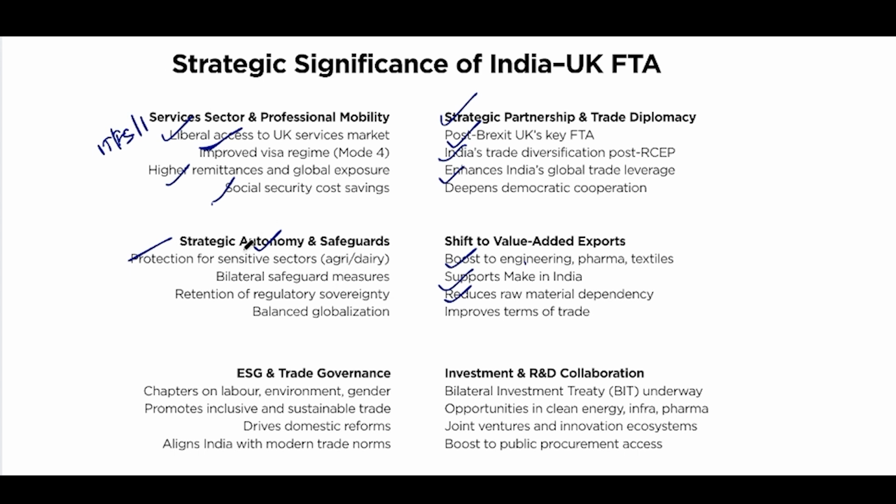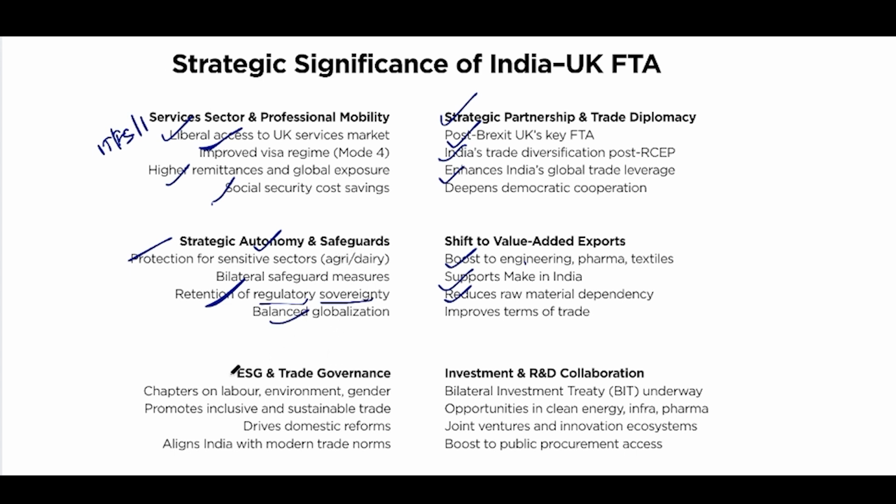So, by calibrating openness with protective measures, India aims to derive maximum benefit out of FTAs while retaining the freedom to chart its own economic course, maintaining regulatory sovereignty. Who will regulate on behalf of India? Only India. And no one else can make that decision to balance the globalization.